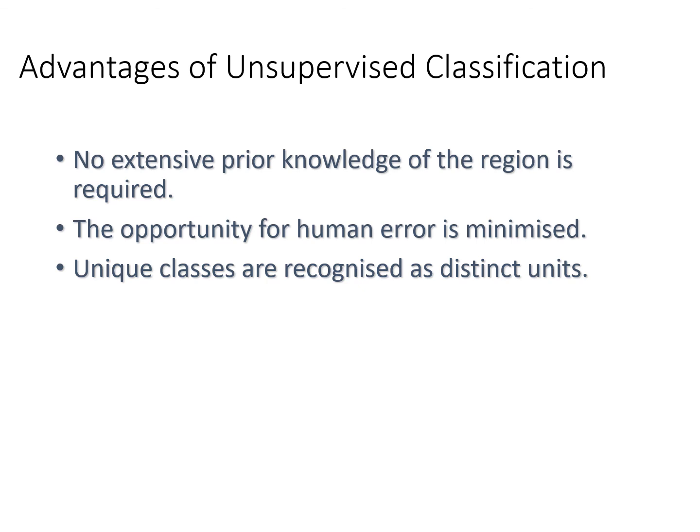If you had a lot of red clay Spanish tile roofs and you didn't necessarily think about that before you started the classification, unsupervised classification is going to pick up that unique spectral condition and assign it a class.